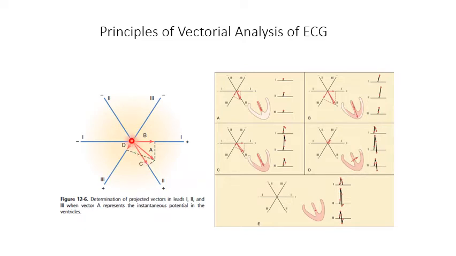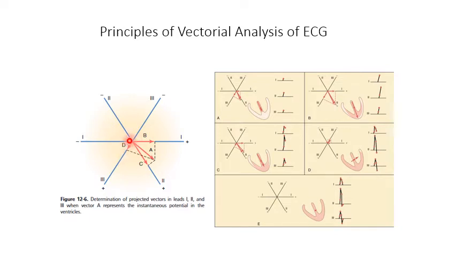And for lead 3, if we draw a perpendicular line on lead 3 from the instantaneous cardiac axis, then this is the projected vector on lead 3.